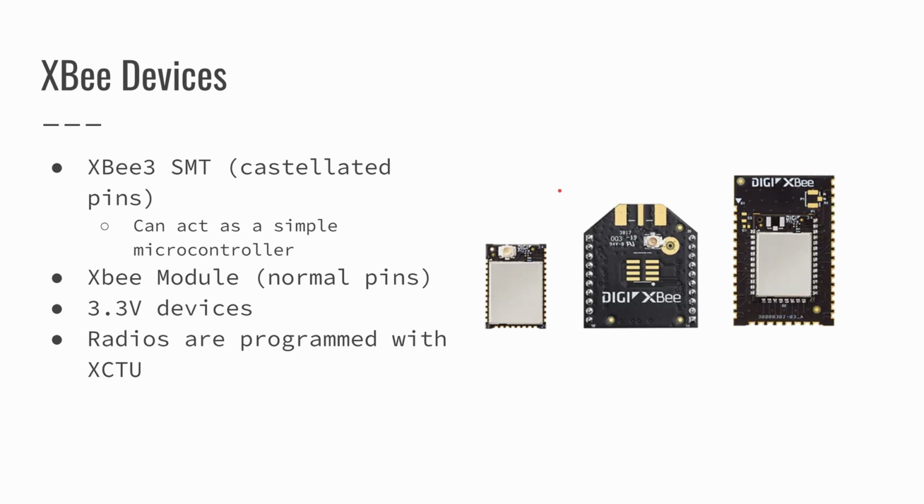These are 3.3 volt devices, and we program them with XCTU for the radio component, and then we use MicroPython for the microcontroller component. They're simple microcontrollers, so they have some drawbacks that you should definitely look into if you are planning to use them as a microcontroller. They have strange behavior on some of their pins. They don't have interrupts, and their timing is weird. So definitely know their limitations before you dive in on using them.